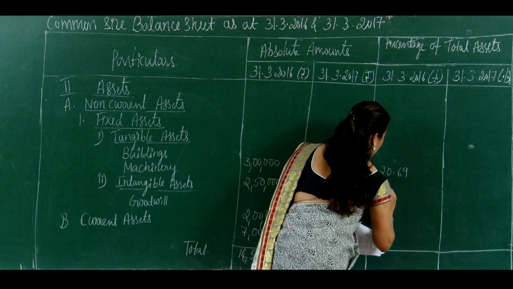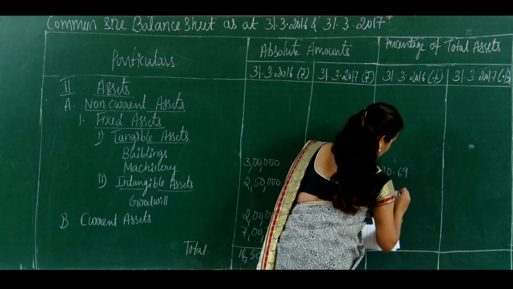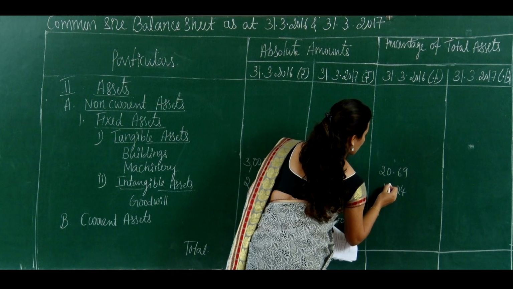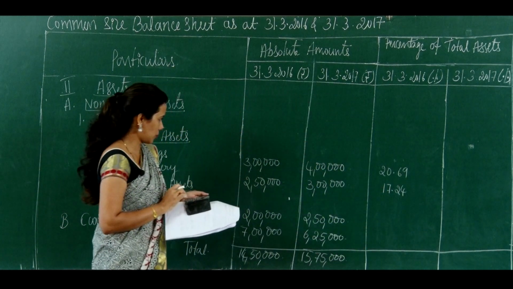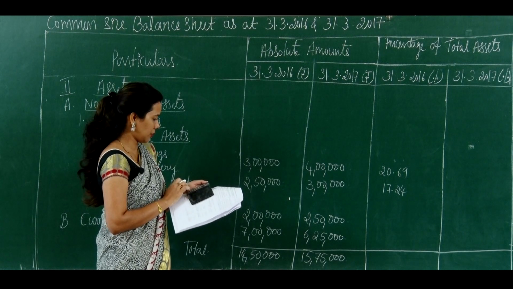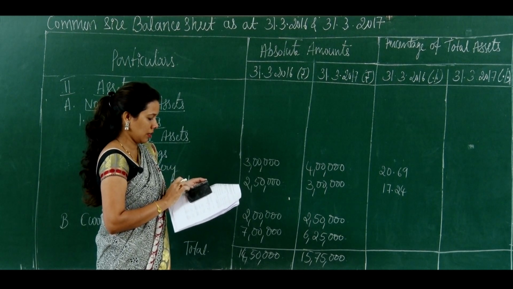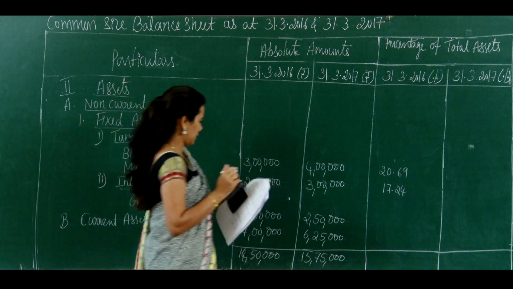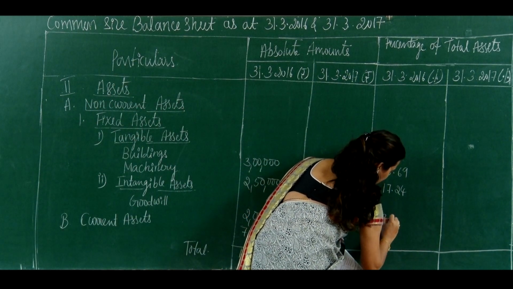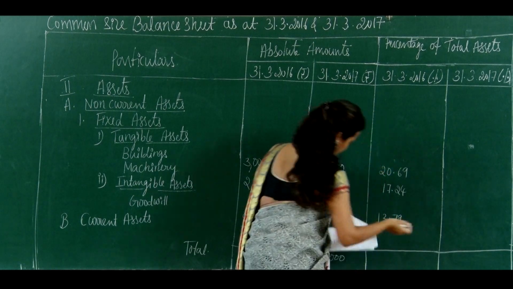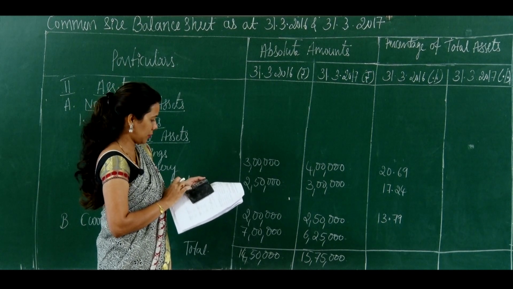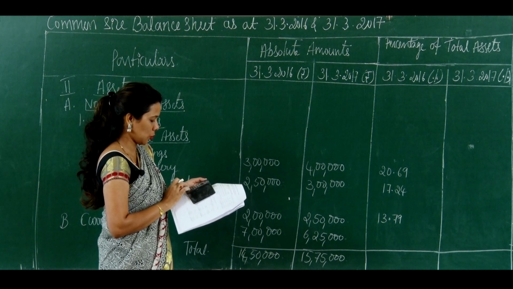Answer is 17.24. The next one is 2 lakhs divided by 14,50,000 into 100, that is 13.79 percentage. And the last one is 7 lakh divided by 14,50,000 into 100.